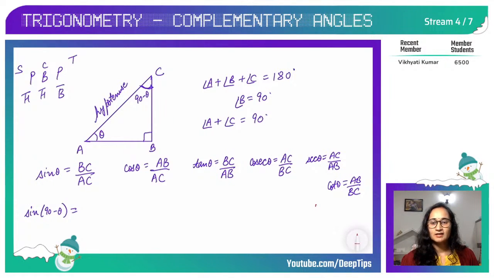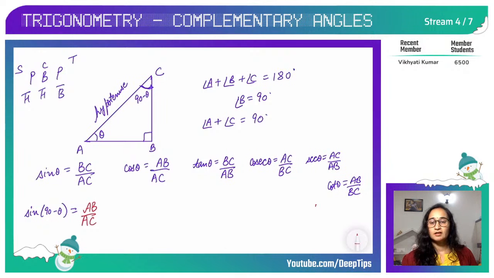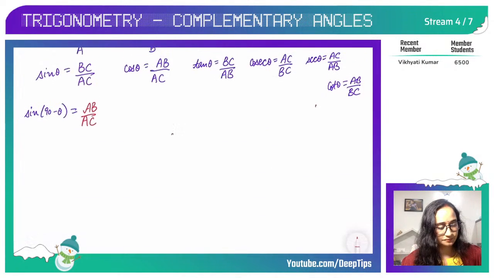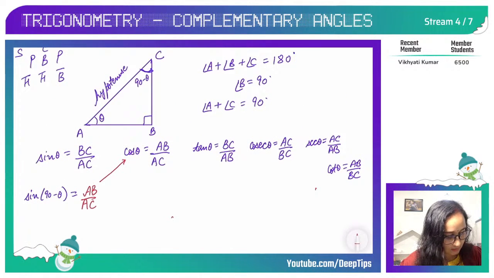So I know sine theta is perpendicular upon hypotenuse. So AB upon AC. So let's write here AB upon AC. Now can you observe something, children, that sine 90 minus theta is the same as cos theta.